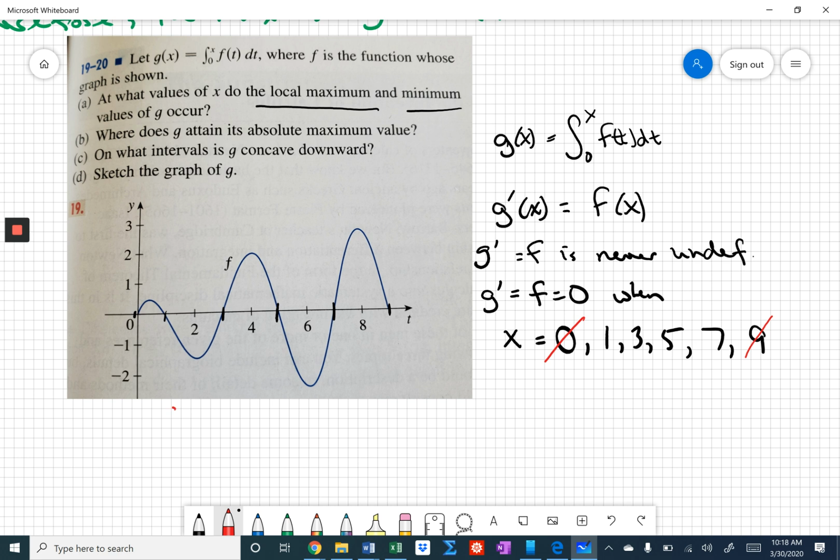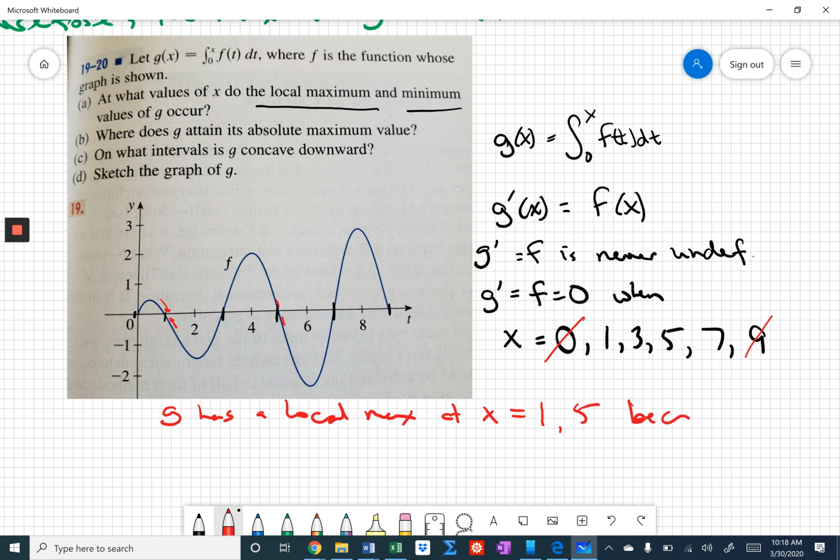So g has a local max at x equals, well, if I want the derivative to go from positive to negative, I'm looking for where this graph is above and then below. At 1, the graph goes from being above to below, so there's a local max occurring there, and then there's going to be a local max over here at 5. And that's it for local max.